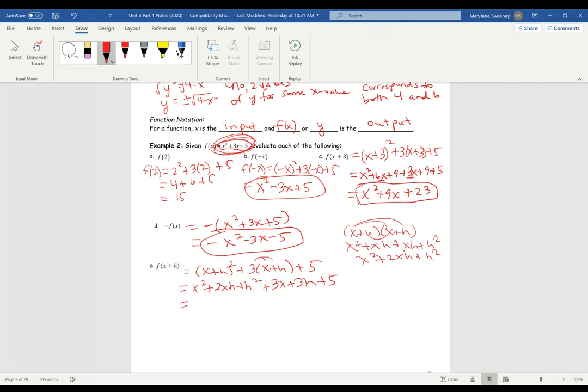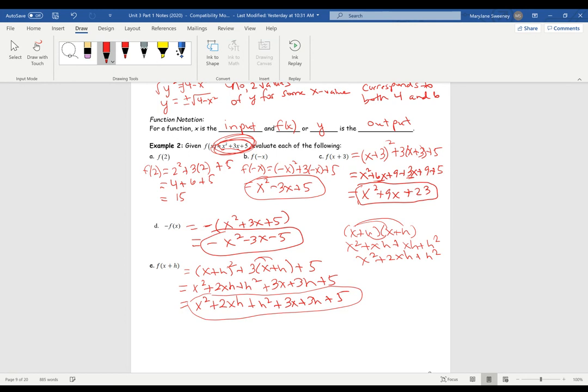So this is x squared plus 2xh plus h squared plus 3x plus 3h plus 5. So really, I guess I didn't even need to rewrite that.